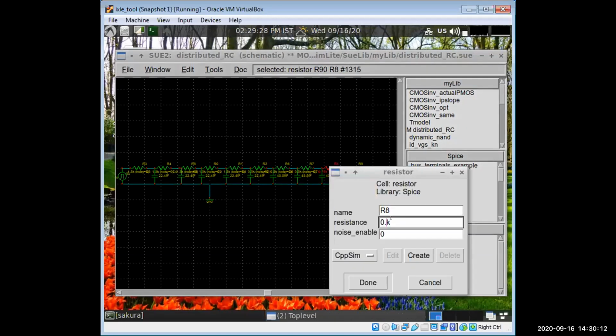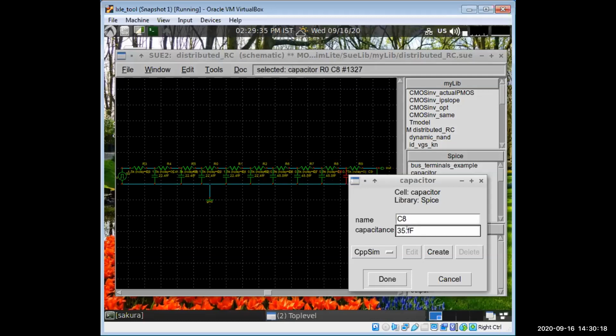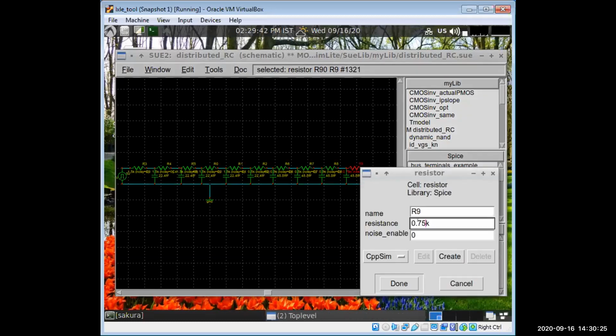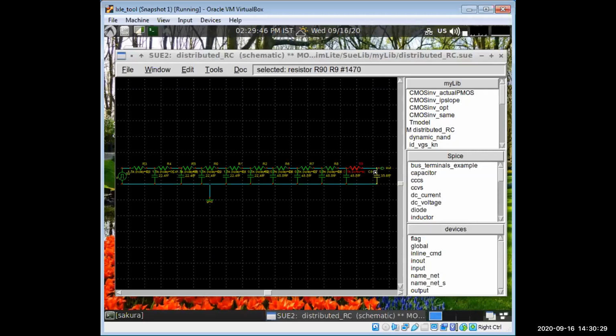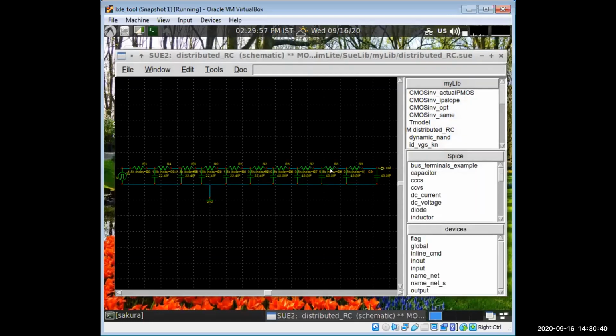Yeah, if you are doing it simultaneously, then you can draw the schematic. Okay, so everything is changed.